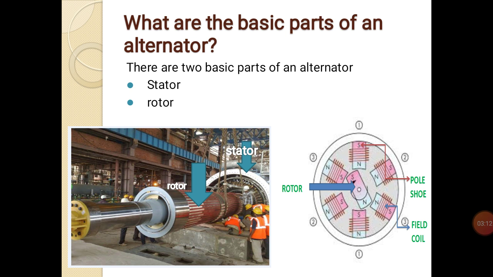The rotor is the rotating part which also produces an electromagnetic field and is used to produce a rotating magnetic field. This is the rotor.